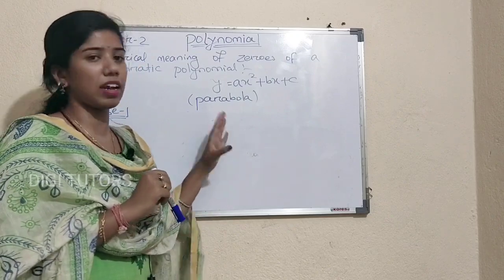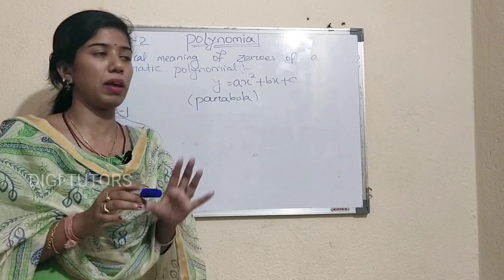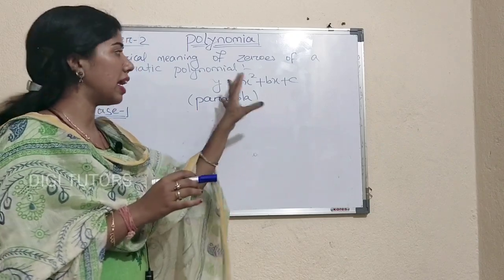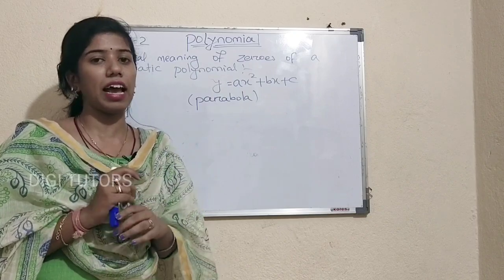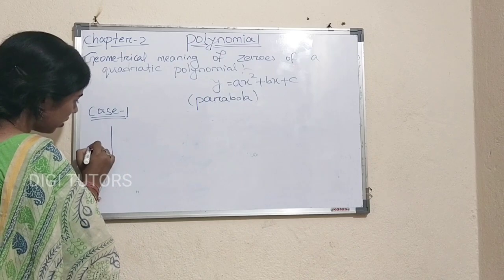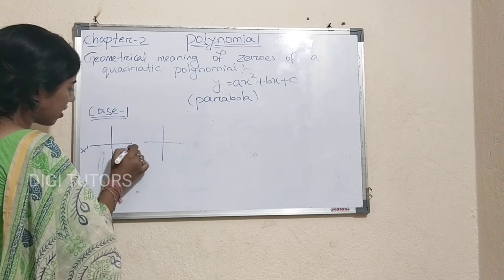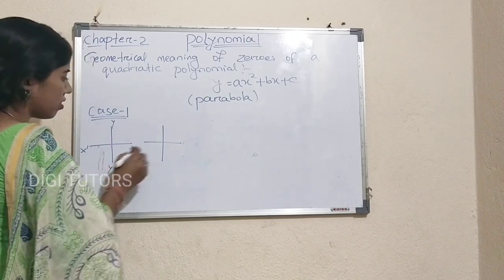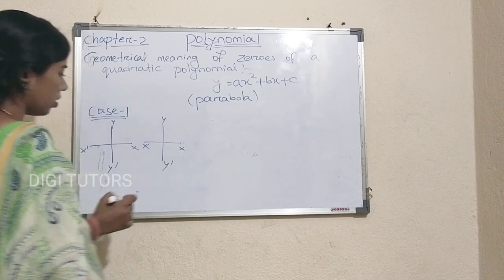But one thing is different here. Two points intersect the x-axis because this is a quadratic polynomial. The highest degree is 2, so two points intersect the x-axis. So, case 1. This one is the x-axis, this one is the y-axis.